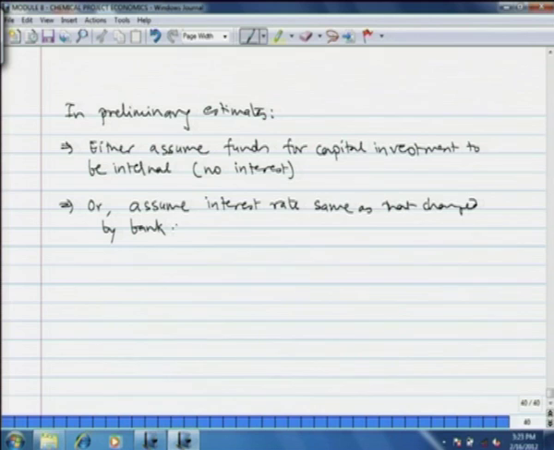The interest rate itself could be a measure of profitability that we shall see when we shall do the discounted cash flow rate of return analysis for profitability of the process.